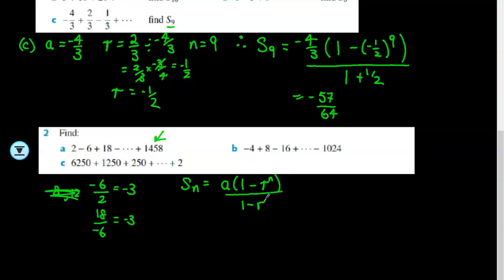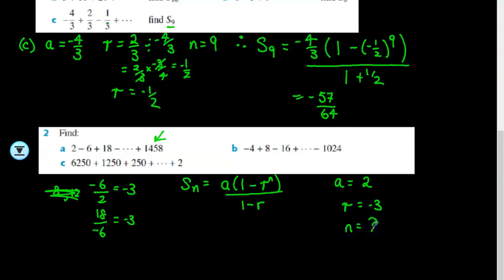So we need to get all of that information. What have we got? We've got A is 2. We've got the r is minus 3, but we don't know the n.